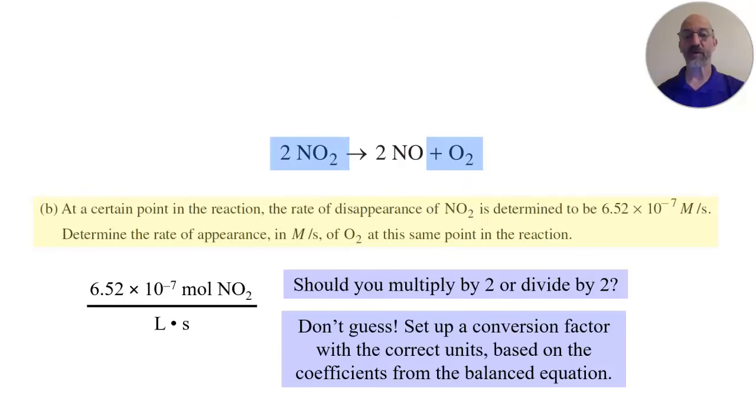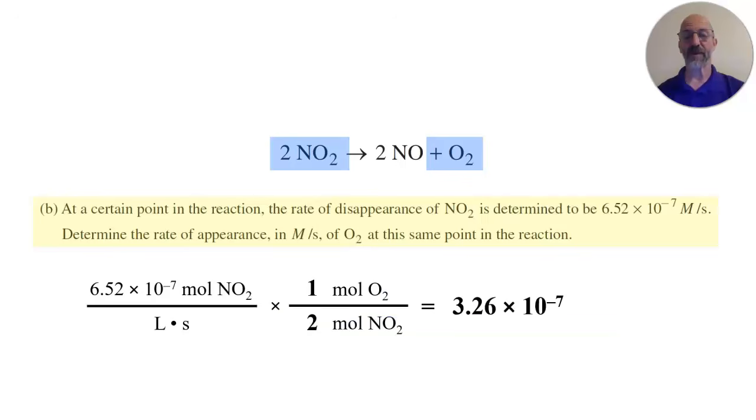So it is going to be 1 mole of O2 on the top and 2 moles of NO2 on the bottom. And we do have this calculation of 6.52 times 10 to the negative 7 divided by 2, and we get 3.26 times 10 to the negative 7, but now my units are moles of oxygen per liter per second, or you could say molarity per second for the rate of formation of O2.